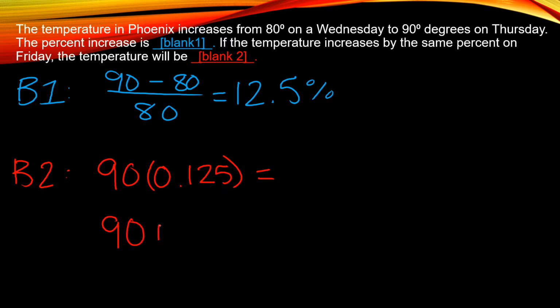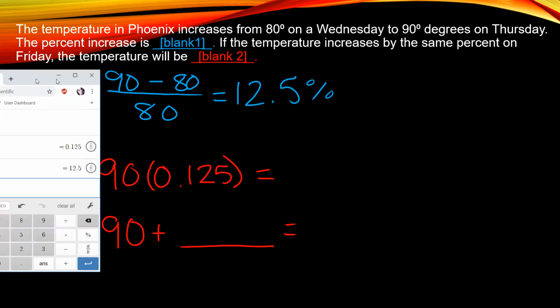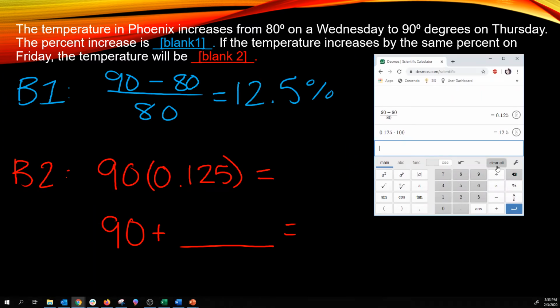Then I need to take 90 and add it to however many degrees it increased by to get the new temperature. So let's bring back our calculator, and I'm going to do 90 times 0.125, which tells me it's going to increase by 11.25.